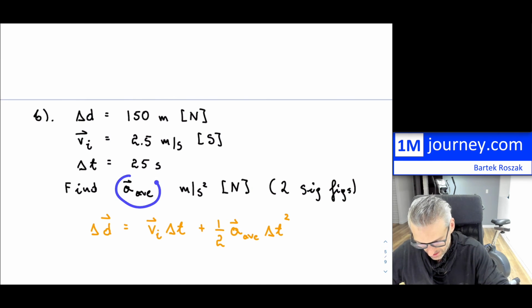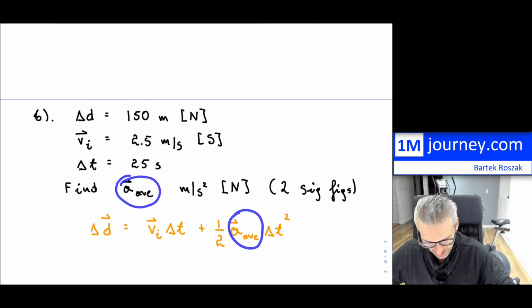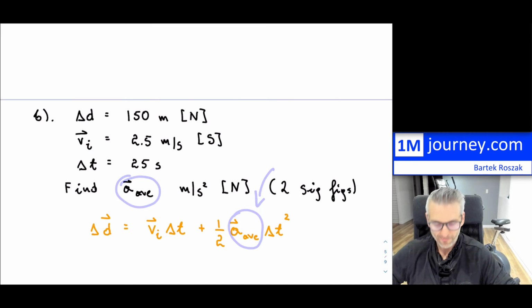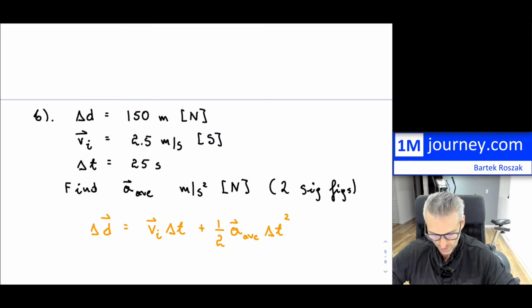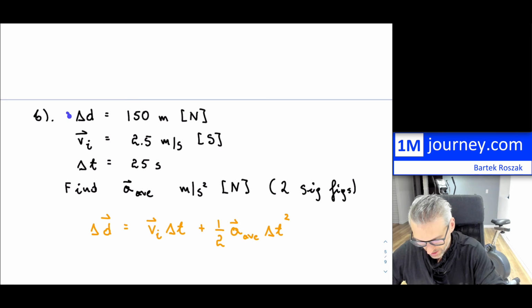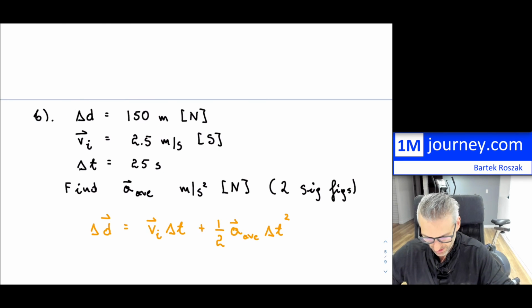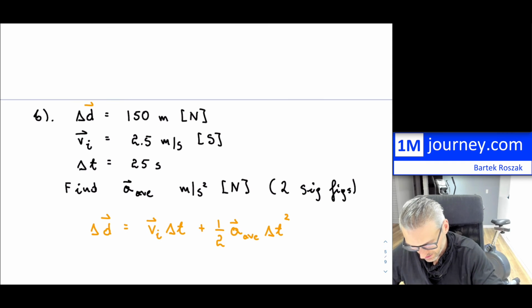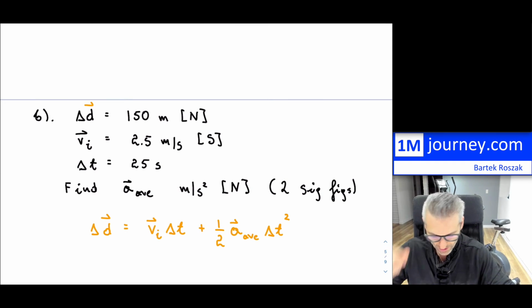Find your acceleration. This is going to be a little annoying because we're going to have to manipulate our formula or our equation. We are given our displacement, so that's our displacement right there. I guess it is missing a little vector symbol there. So we have our displacement, 150 meters, that's north.